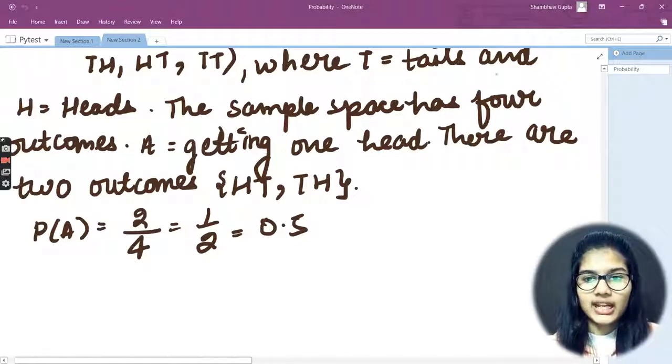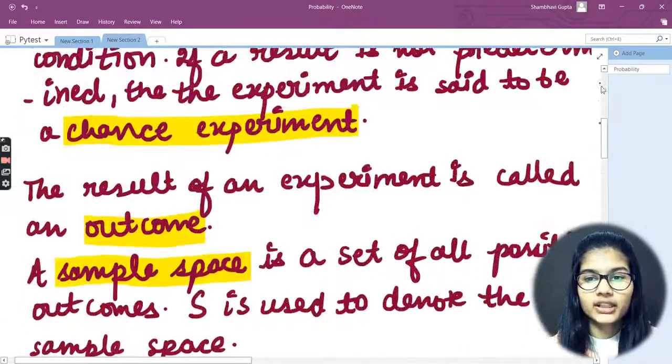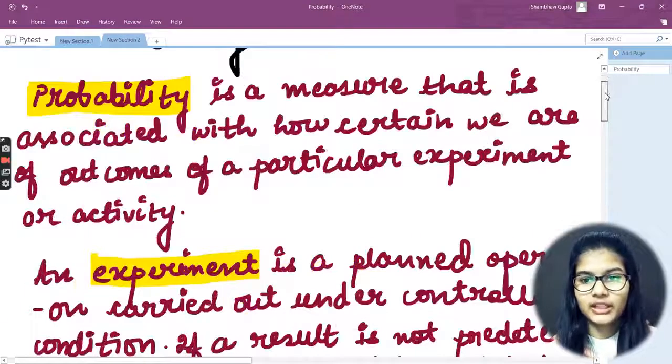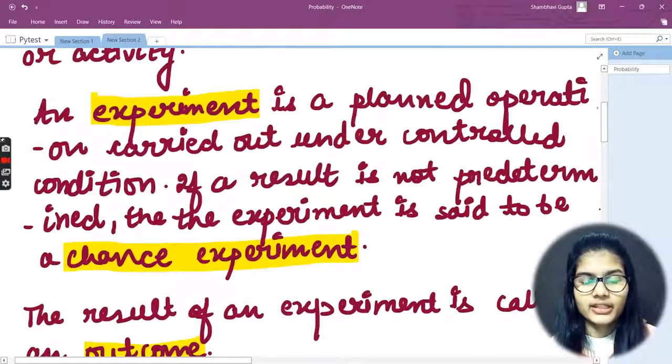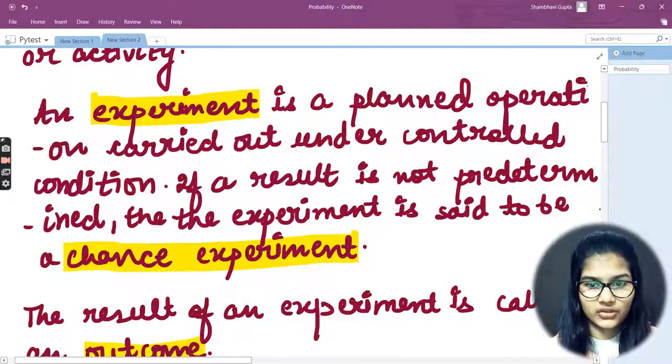Now I want to revise these terminologies once for you, because it will be much easier for you to relate to things. So we started with what an experiment is. It is a planned operation which is carried out under controlled conditions.